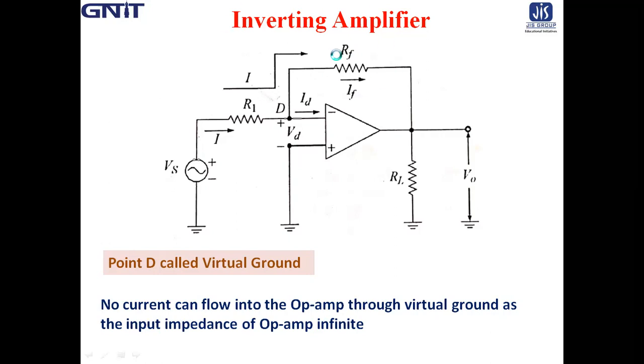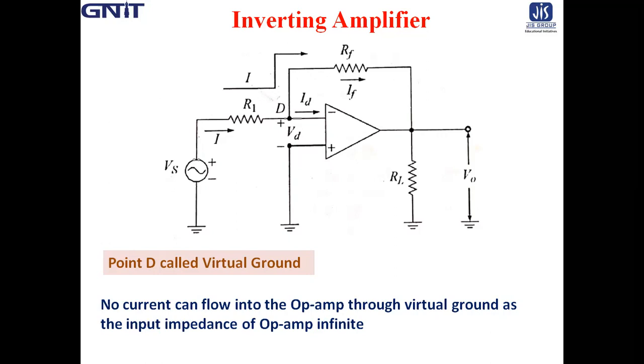So the feedback type is negative feedback. If the feedback is positive, it is used in oscillators. And this configuration is like a voltage shunt feedback amplifier. I already discussed this in the section on feedback amplifiers.